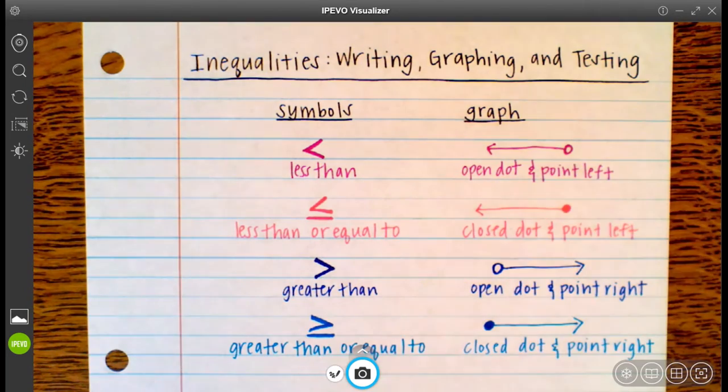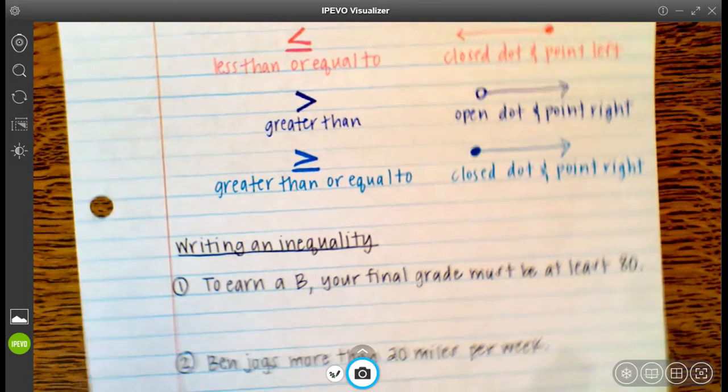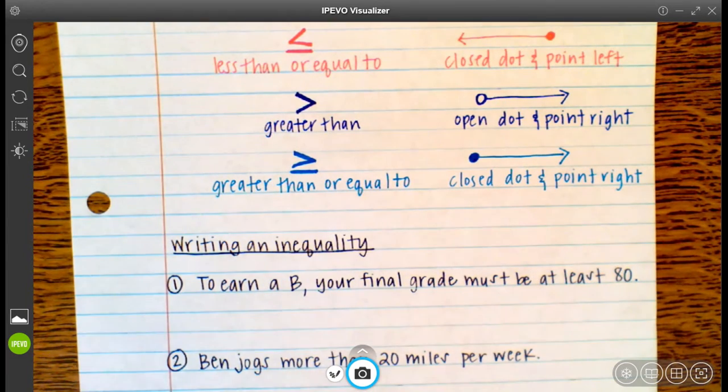All right, so take a look at writing an inequality with me. You guys actually have been familiar with inequalities for quite a long time. Let me prove it to you. To earn a B in a class, your final grade must be at least an 80%, or an 80 as your point system.